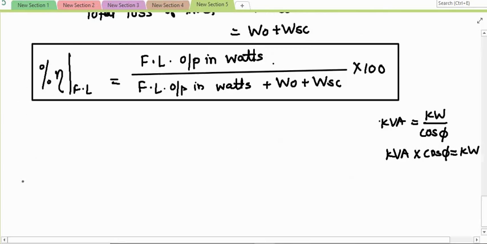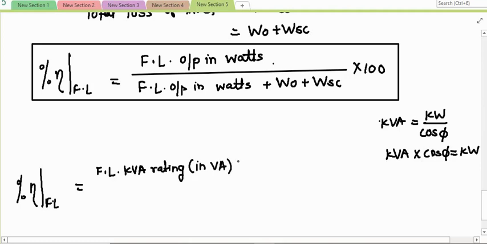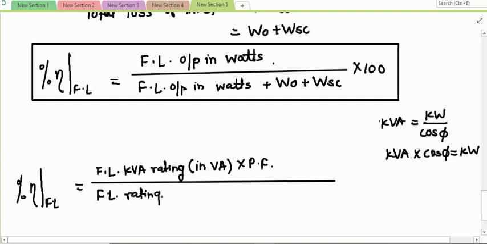So the above formula I can modify as percentage efficiency at full load equals full load KVA rating, it is obviously in volt ampere, into power factor, divided by full load rating in VA into power factor.